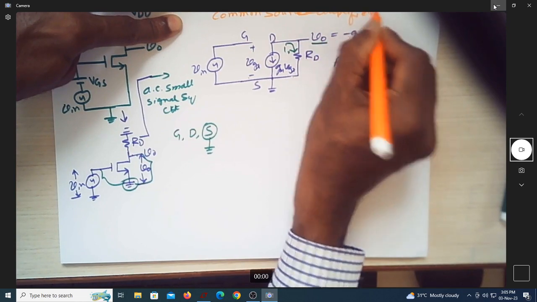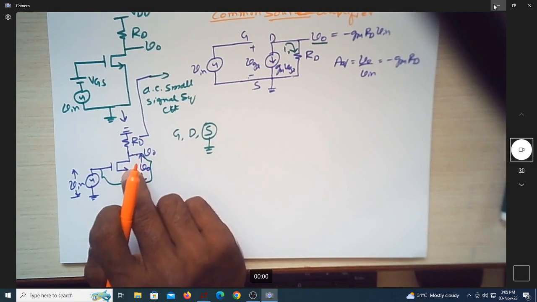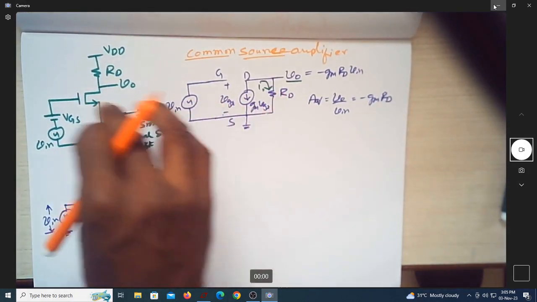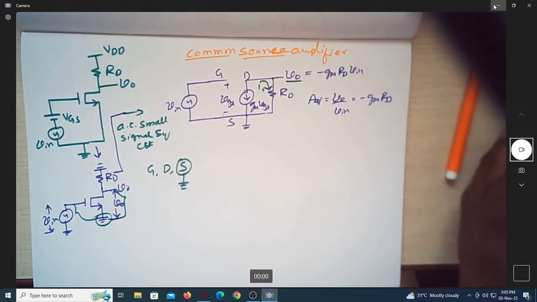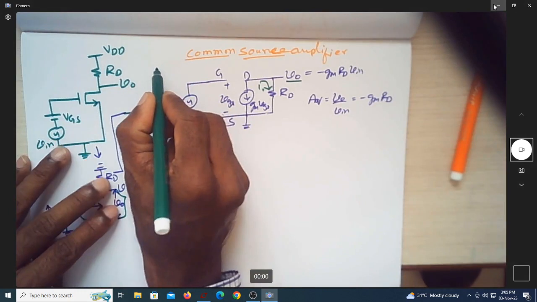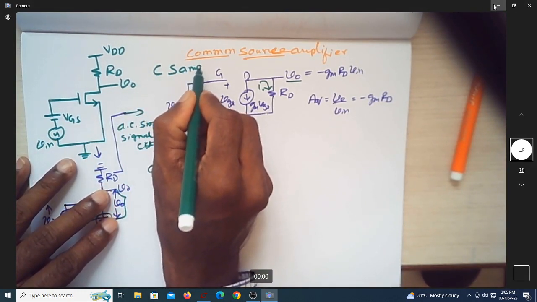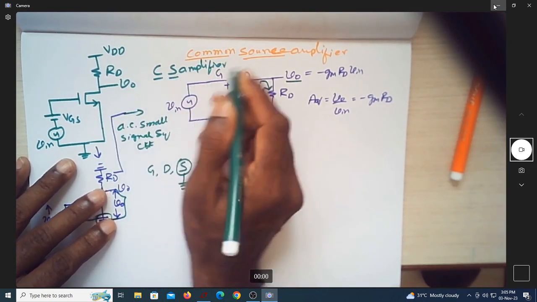It is called common because the source terminal of the MOSFET is common between input and output. So this amplifier is named a common source amplifier, or in short a CS amplifier. C stands for common, S stands for source.